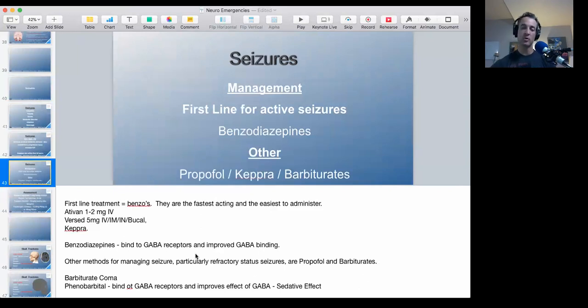It's an inhibitory neurotransmitter. So alcohol, benzodiazepines, those types of medications actually increase the effect of GABA. They potentiate GABA to induce a state of altered mental status or decreased awareness.